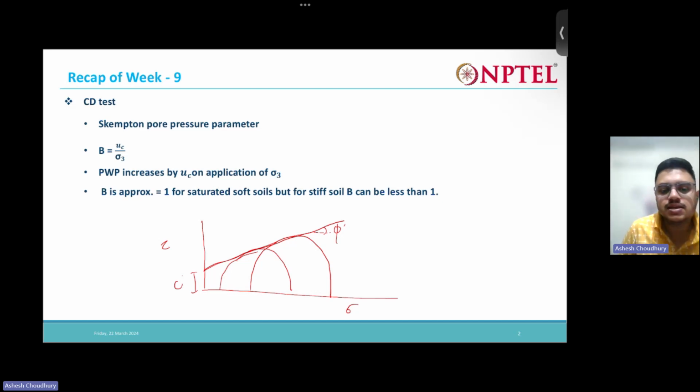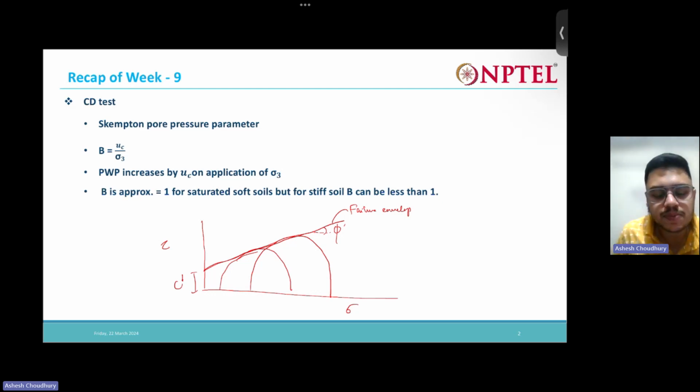And as the test is CD, that is always going to be the effective parameters, so phi prime and c prime. And this is nothing but the failure envelope.